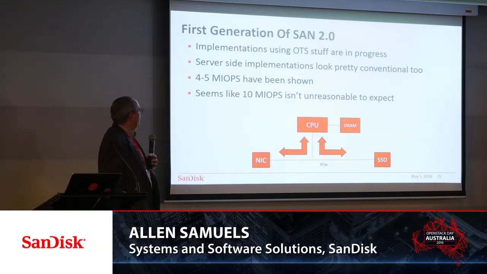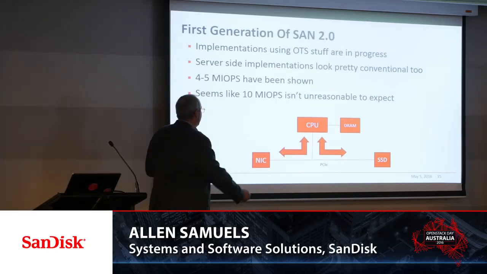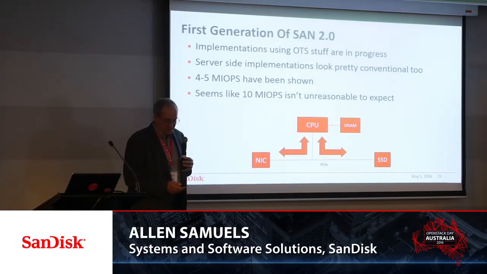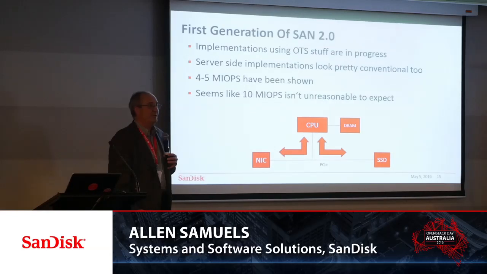We've seen some prototypes at various shows, getting 4 to 5 million IOPS with some big CPUs and big SSDs. It seems like it ought to be able to get to 10 without really stressing anything. I think that's what you're going to see in the first generation. But fundamentally, you haven't solved the problem. You've basically turned your CPU into a giant DMA controller.